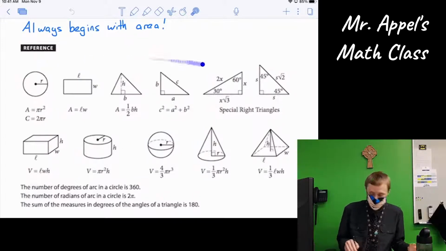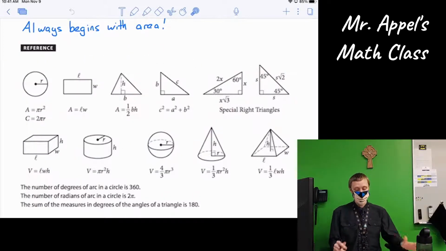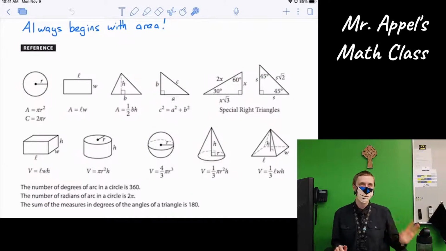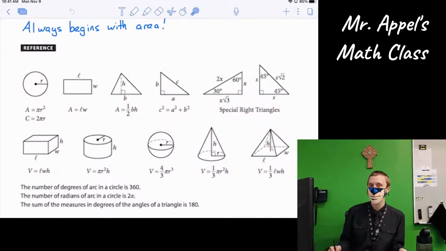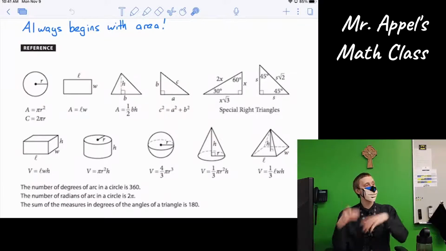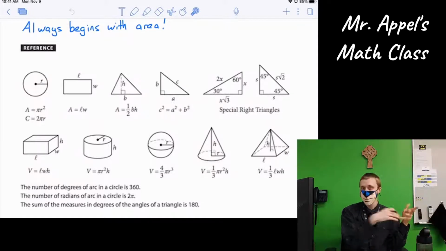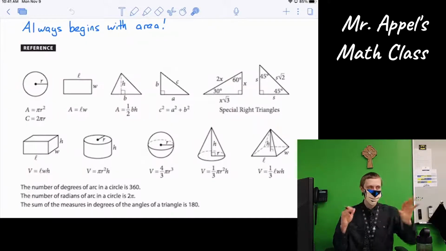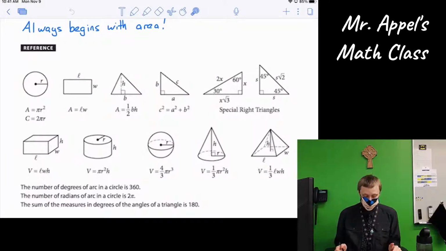This is the actual reference sheet you will have on the SAT. It is at the beginning of each of the math sections in the booklet. They give you the formulas, folks. Most of all that reading was, here's the formula for this kind of shape, here's an example of its use.